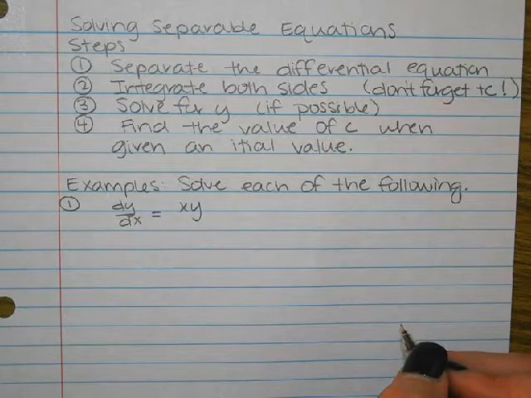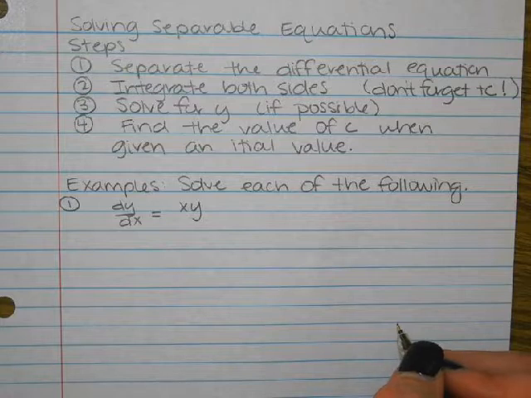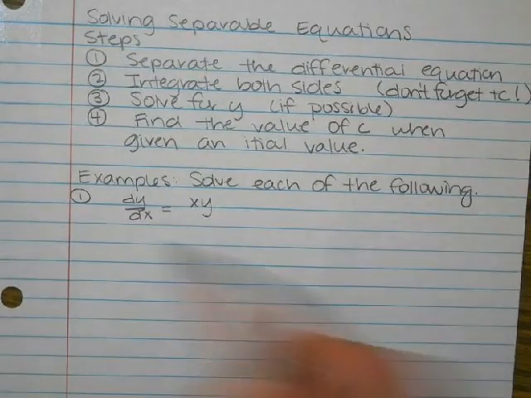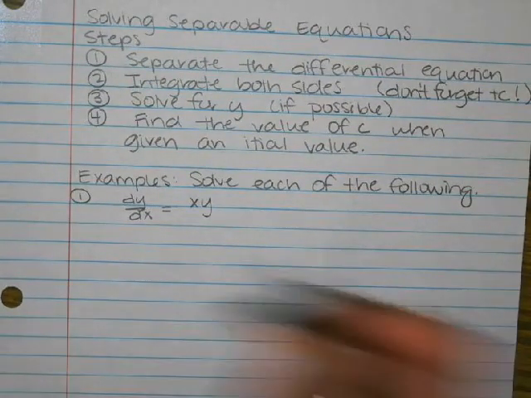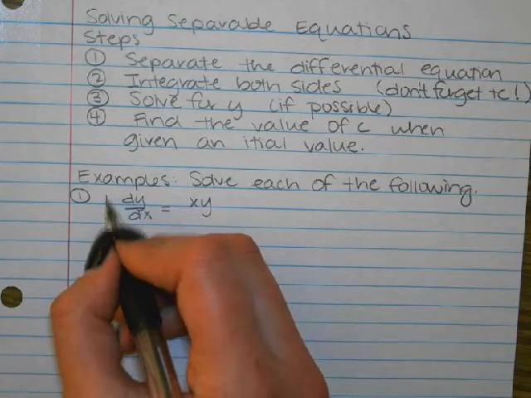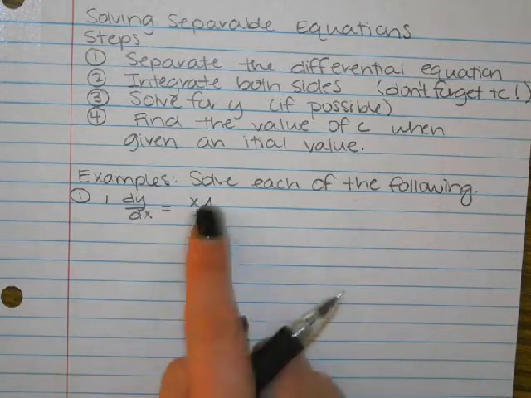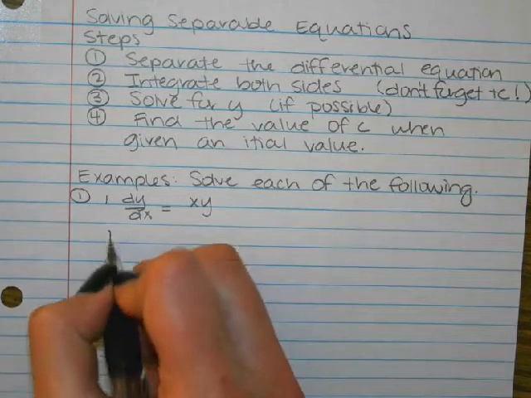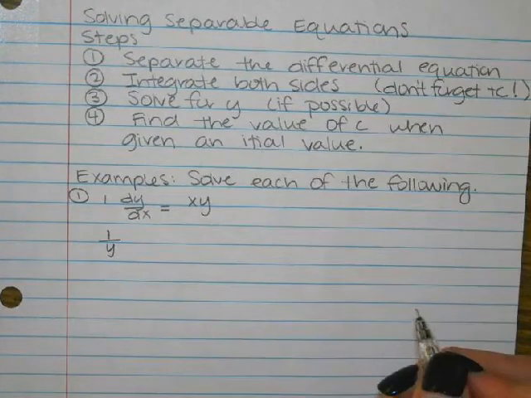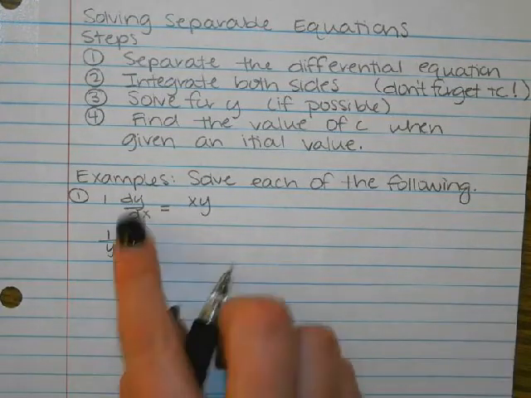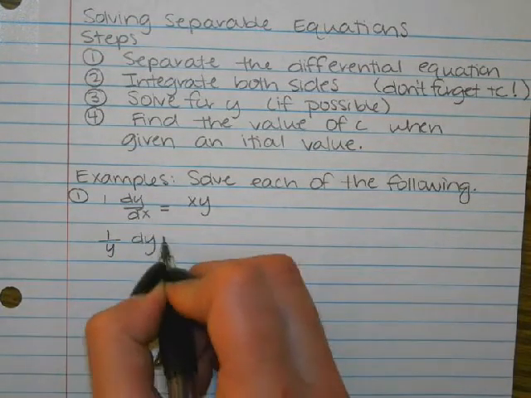So we typically put the y's on the left side, right? So how do I move this y to the other side? Divide by y. So if the coefficient over here is a 1, I can tell that it's a 1 because there's no number there. Then, and divide the y over, that would give me 1 over y when I divide it over. And I'll go ahead and I'll leave the dy there.